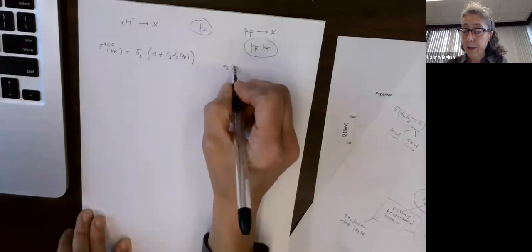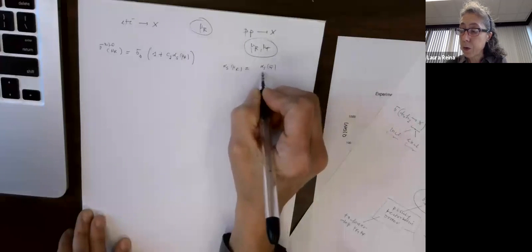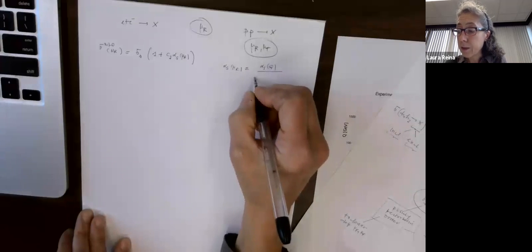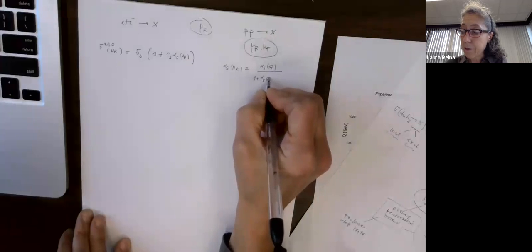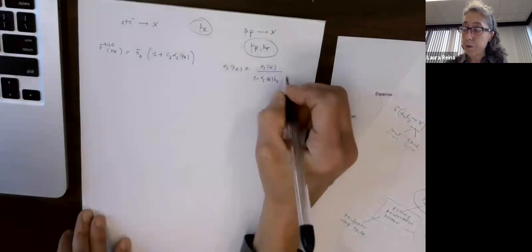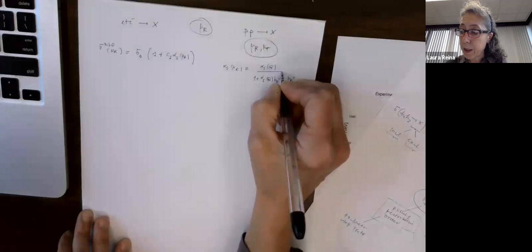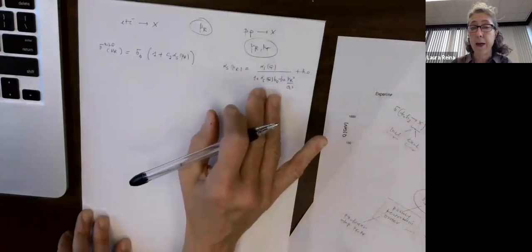We know that alpha s of mu r is equal, at the first order, let me write it this way, to alpha s of q divided by, as we derived the first day, 1 plus alpha s at the scale q, the first coefficient of the beta function, and a logarithm of mu r squared over q squared.